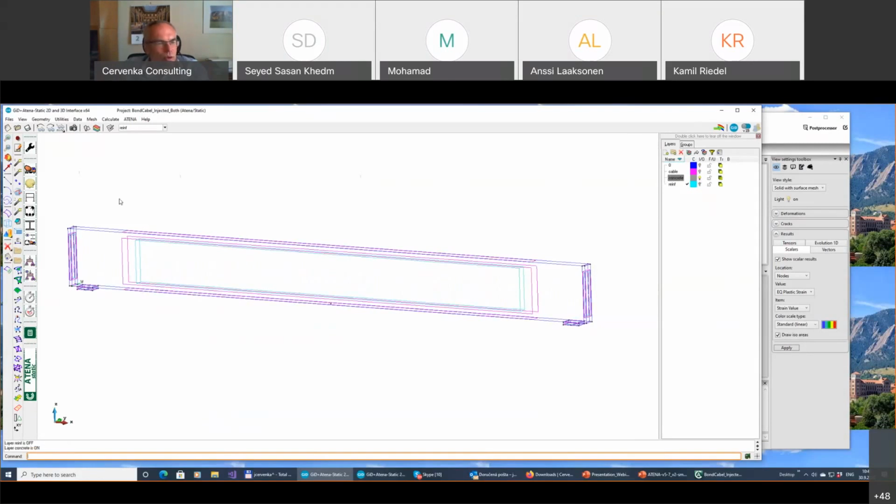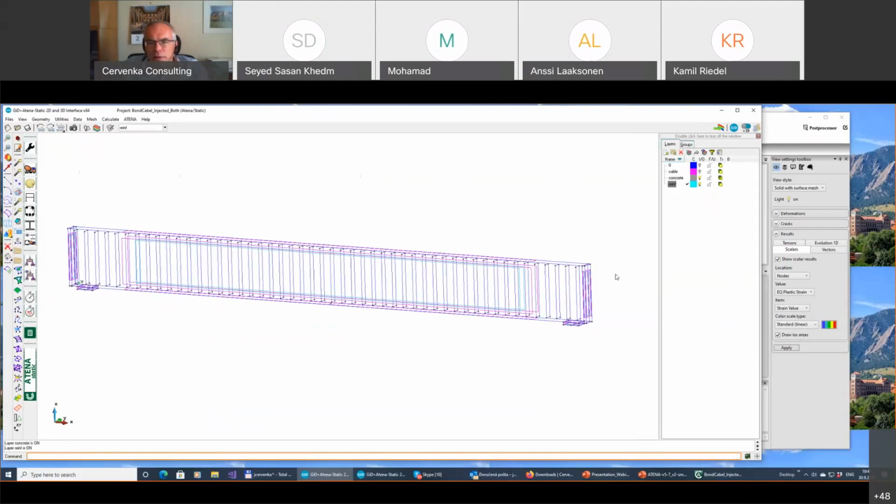This simulates a concrete beam. We have stirrups to capture shear, to increase the shear strength of this beam. And then we put some curved cable to simulate some pre-stressing.